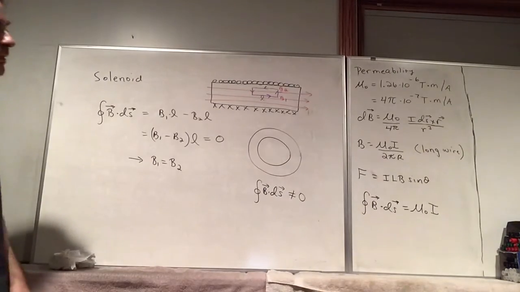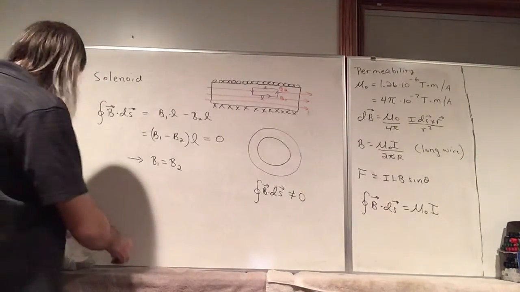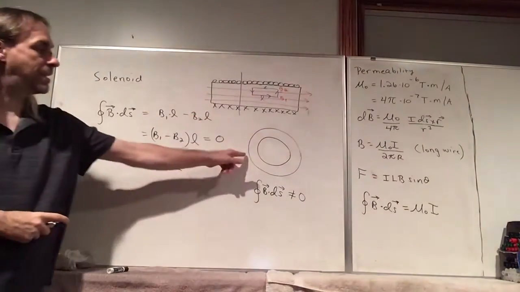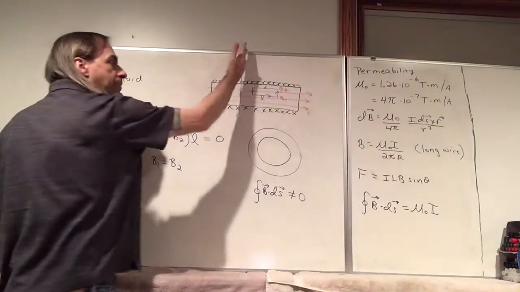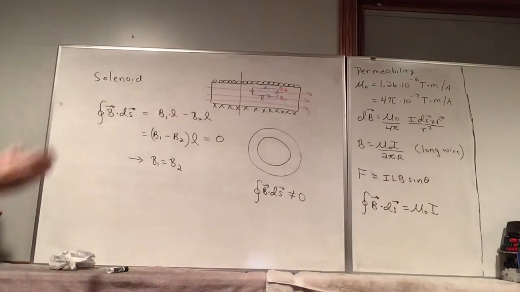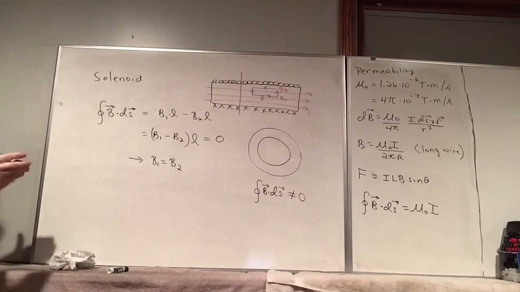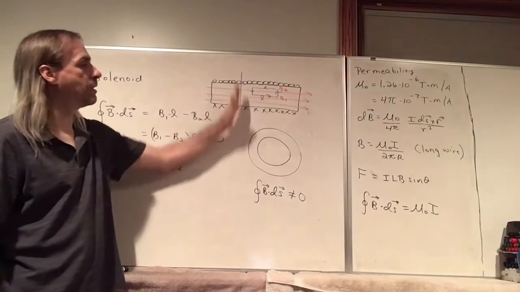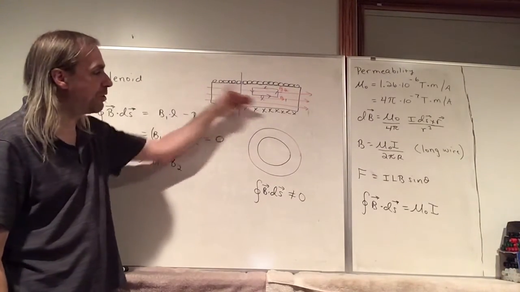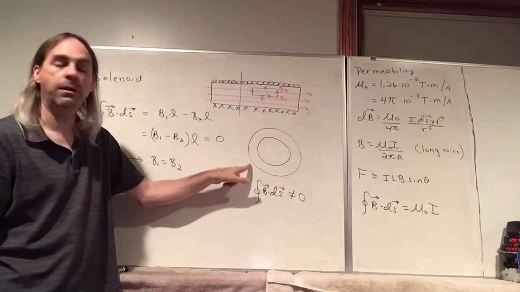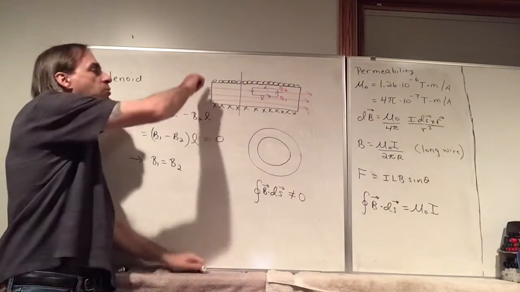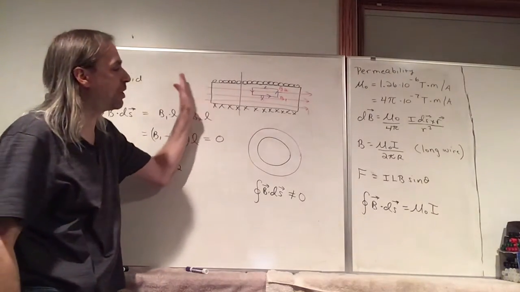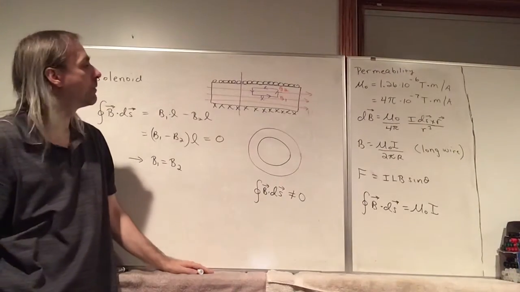But that's actually not the case, because looking at it from a different perspective, so this is the same loop. We have this circle around it, but here, is there any current crossing this surface? And the answer has to be yes. There is. So again, this is one perspective, this is another, but there has to be some current crossing this Amperian loop, because this is just one wire that's winding around in this helical direction, so there has to be some current going to the right, the way I drew it.